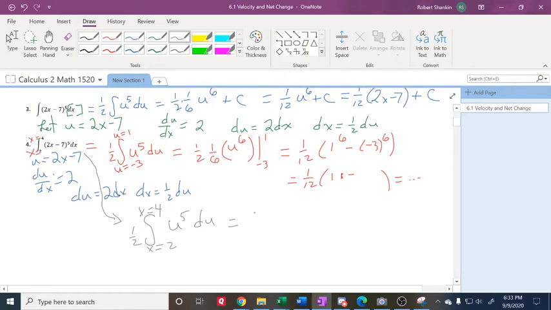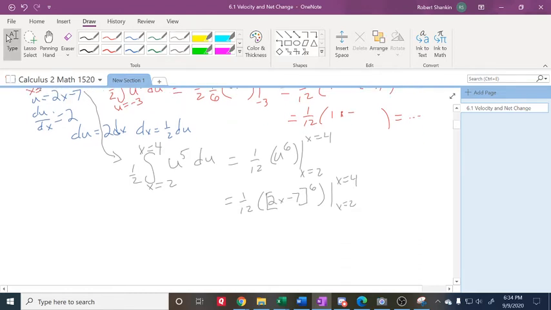You'd still wind up getting 1/12 u to the 6th evaluated from x equals 2 to x equals 4. And then this would become 1/12, but now you can't substitute x in for u, but you could go back and put u as 2x minus 7 to the 6th from x equals 2 to x equals 4.